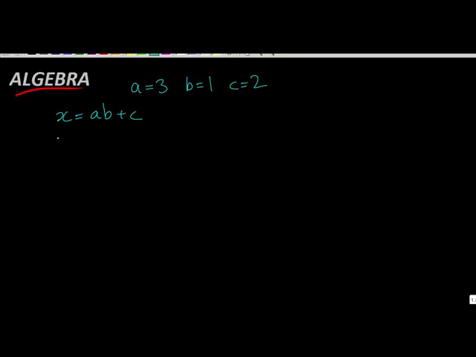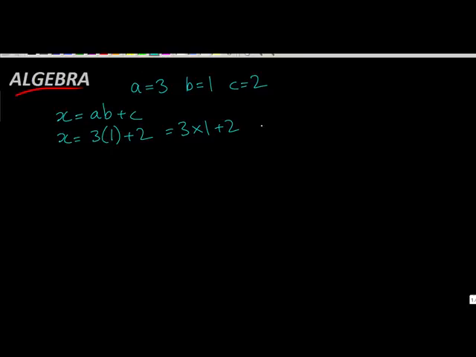To work out the value of x, first of all you substitute the letters. X is 3 times 1 plus 2. Now this is a bit more professional to write it as 3 bracket 1 to mean 3 times 1, but we could have equally written 3 times 1 plus 2.